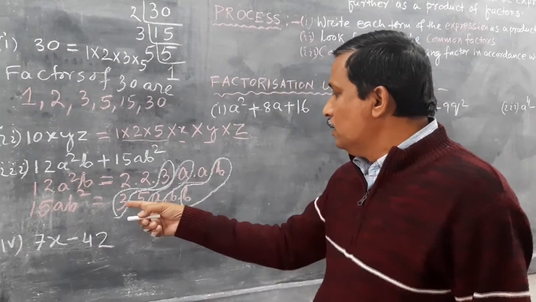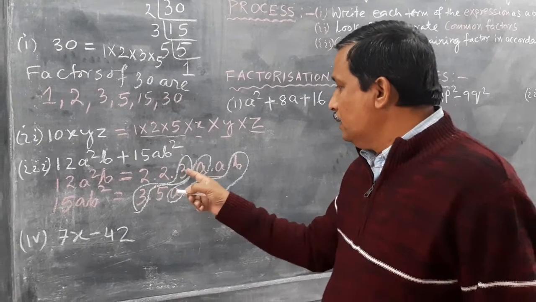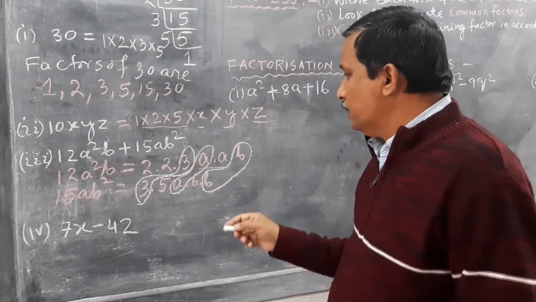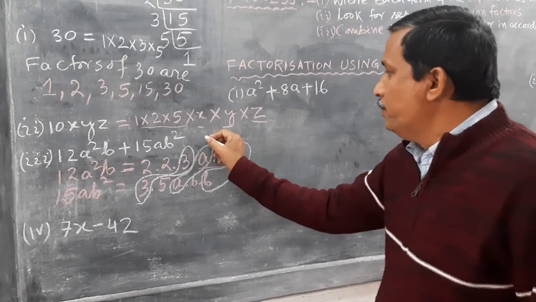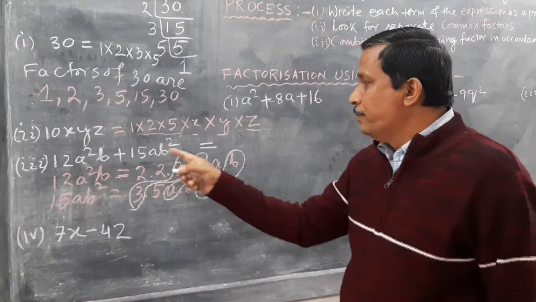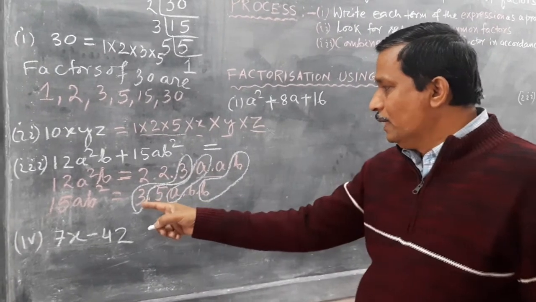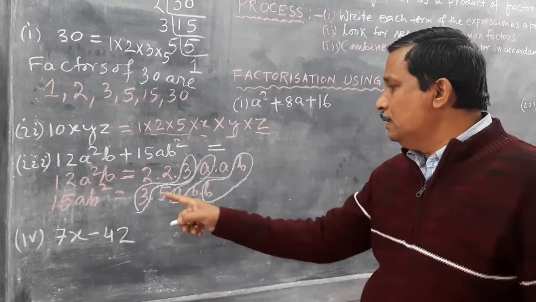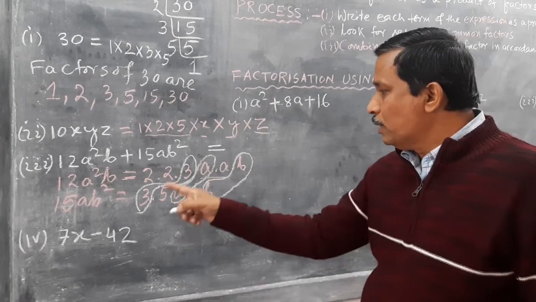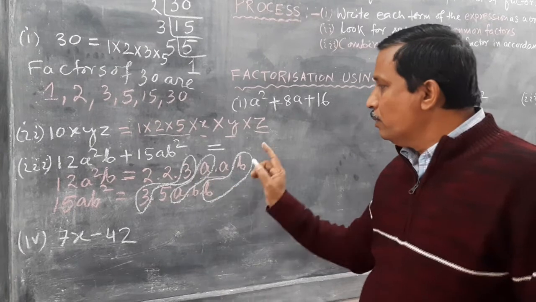Okay, so the common factors in both the terms are 3, a and b. So when you are solving this example, 12a square b plus 15ab square, for factorization, then the common factor is 3ab. दोनों का जो कॉमन है उसी को लेना है और जो एक्स्ट्रा टर्म है वो रहेगा ऐसे.